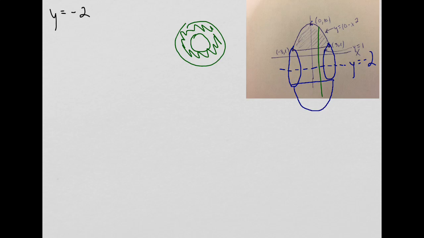So that tells me that I'm using washers. My formula for washers is V equals pi times the integral of big R squared minus little r squared dx.